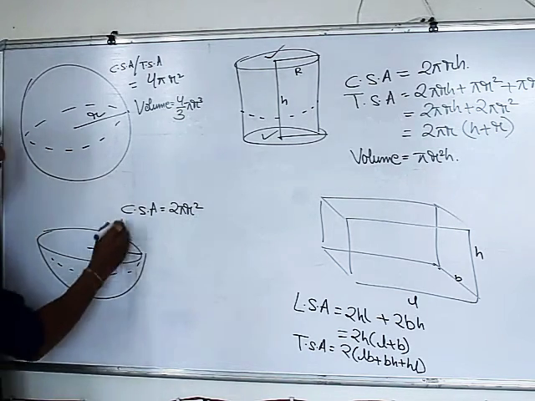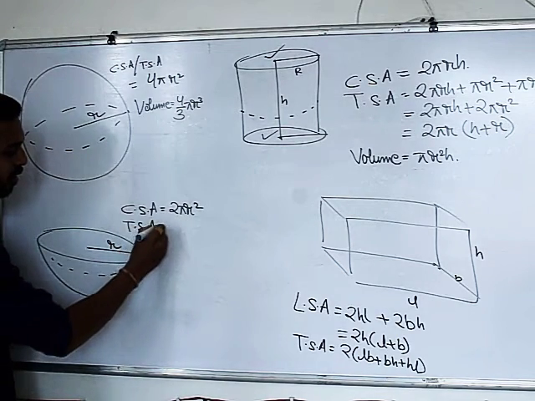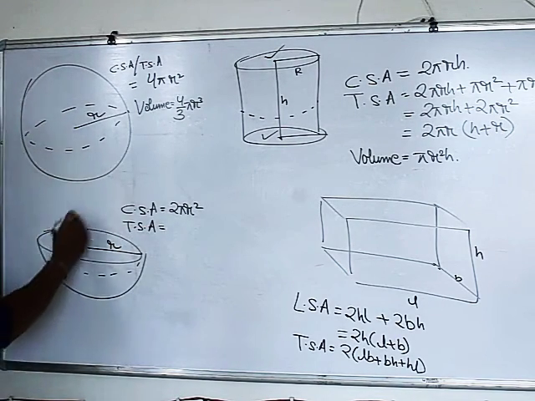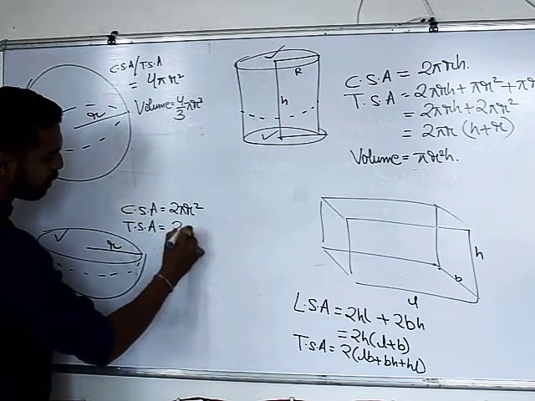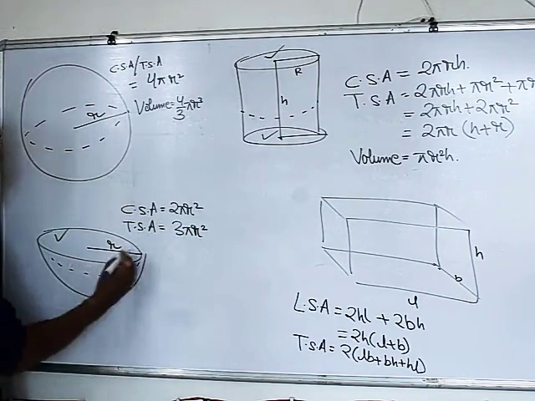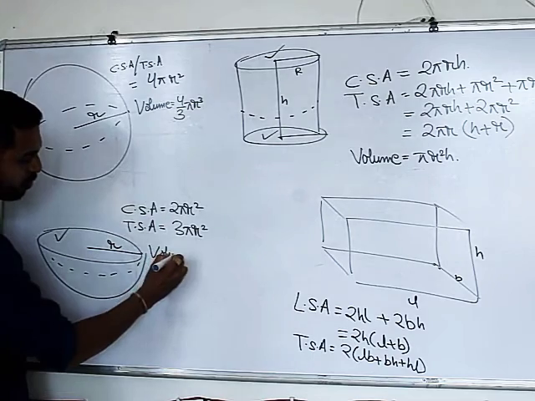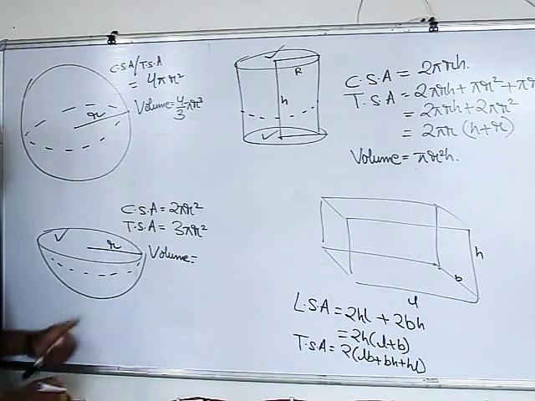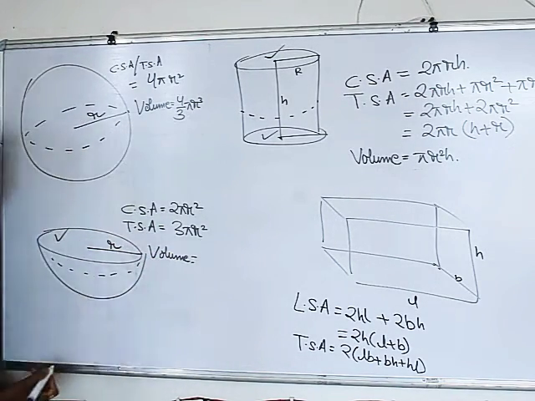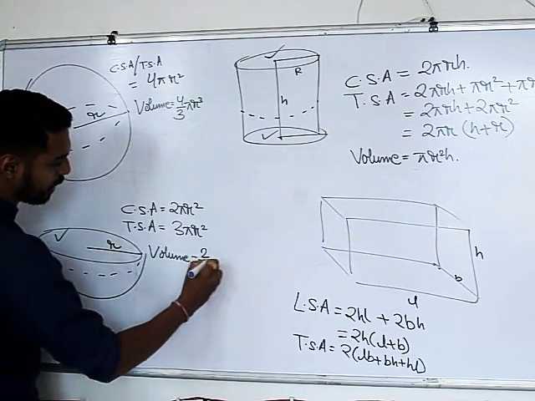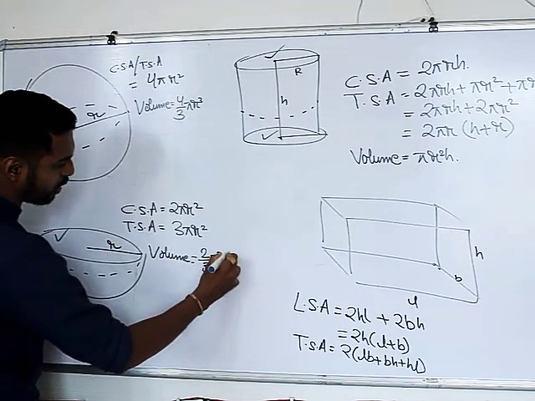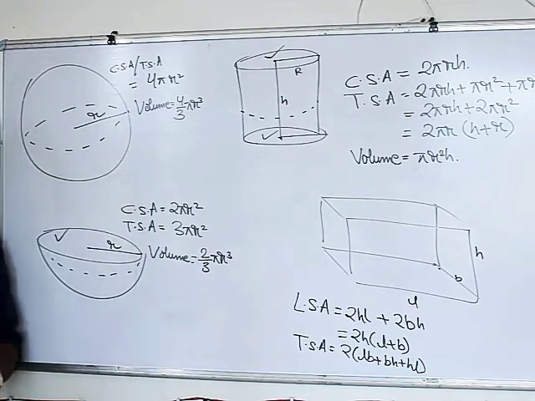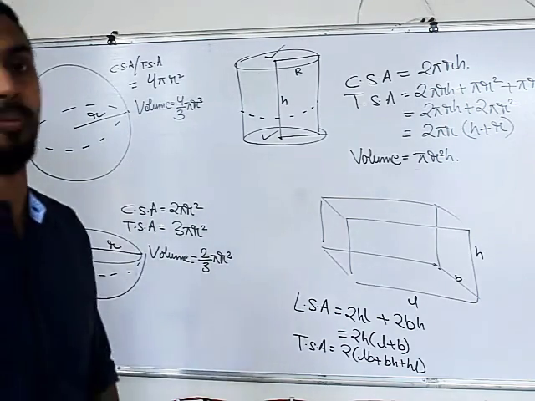Okay, but as far as TSA is concerned, in TSA we will take this part also. So it will become 3 pi r square. And for volume, we can write it as 2 by 3 pi r cube. Okay.